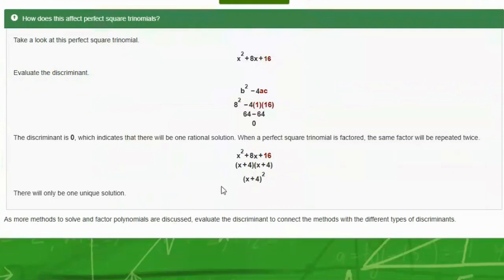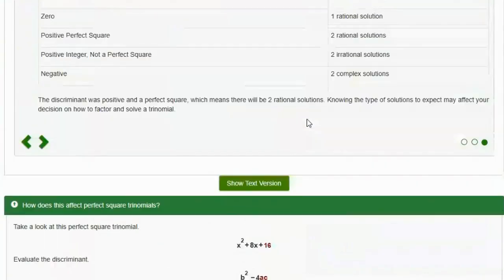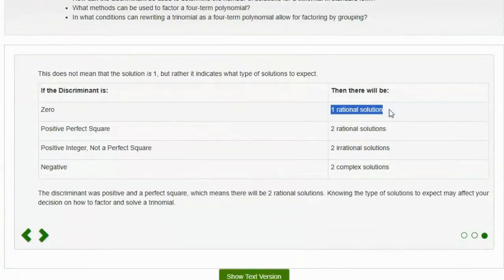So if we did the discriminant of a perfect square trinomial, like x squared plus 8x plus 16 meets the pattern to be a perfect square trinomial. If you found a discriminant, the discriminant would always be 0 on a perfect square trinomial, which would mean there is one rational solution.